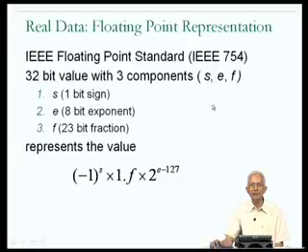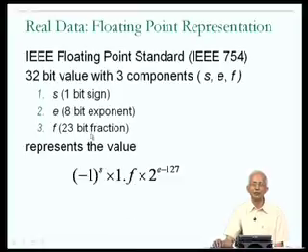Now, in the IEEE 754 standard, the somewhat interesting expression is used to interpret the value of a 32-bit float value. The sign bit is not too difficult to understand. If the sign bit is a 0, that means that the overall real value is positive, whereas if the sign bit is a 1, the overall real value is negative. Next, we have the fraction part, which is in this construct 1.f.